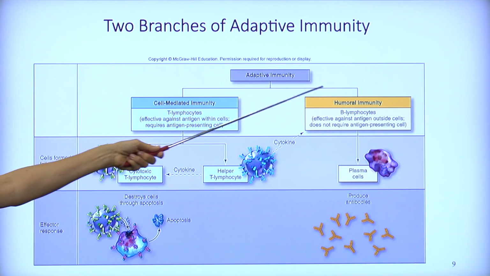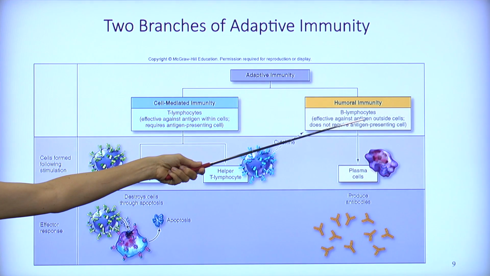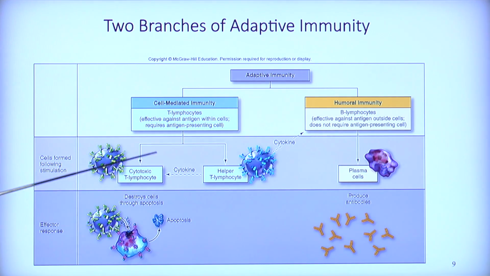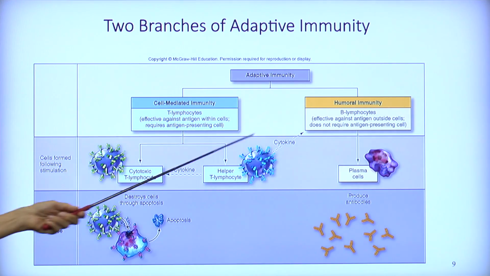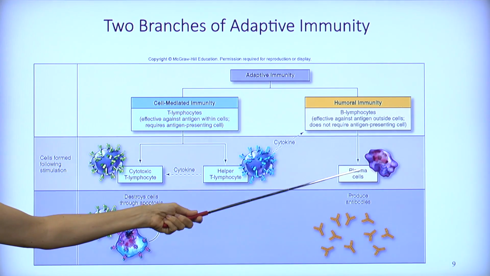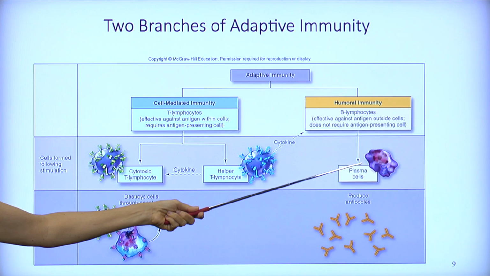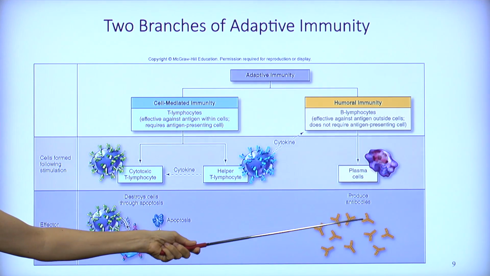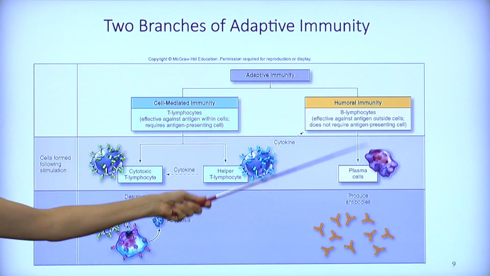The B cell, we have only one type of B cell. The cytotoxic T cell, once activated, will destroy the abnormal cell. We call this cytolysis. The plasma cell is the product of a B lymphocyte, and it will secrete antibodies to destroy the antigen.